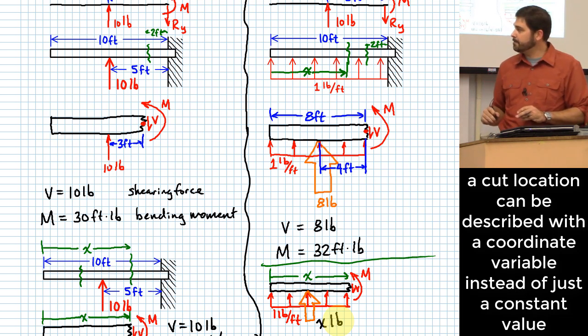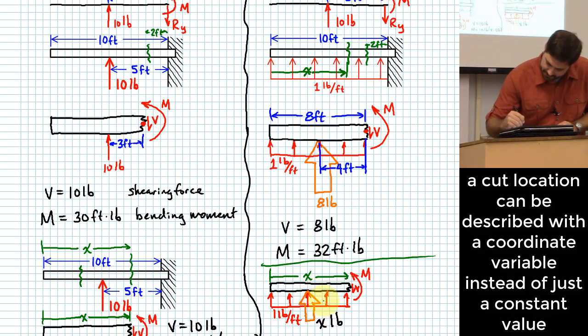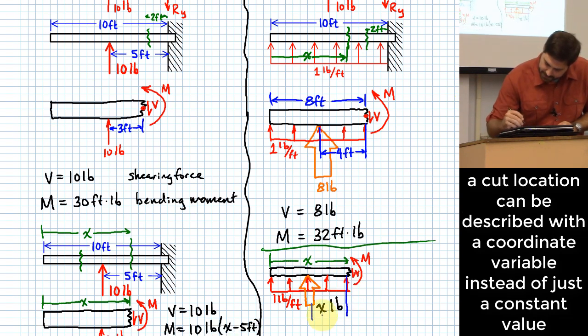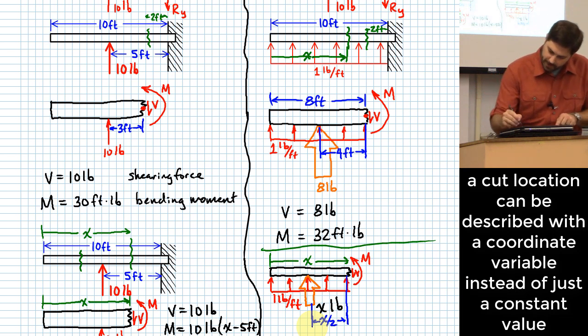Do you agree with that? And how far is that line of action from the cut? It'll be, running out of room here, X over 2. So what are my two values now?